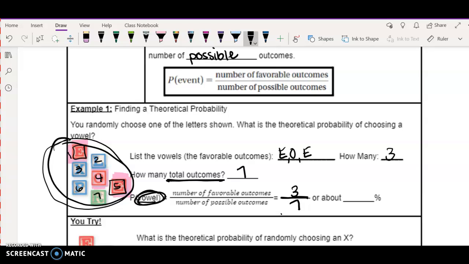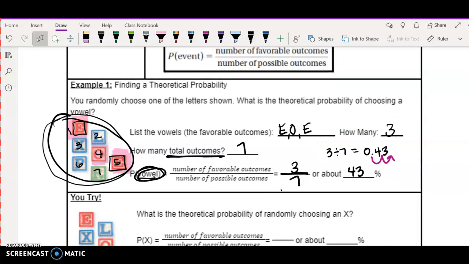And so this means that I do 3 divided by 7, and I'm going to get 0.43. And we just learned last chapter that if we take that decimal and we move it twice, it will give us our percent. So I have 43%. So I have a 43% chance of picking a letter that is a vowel.